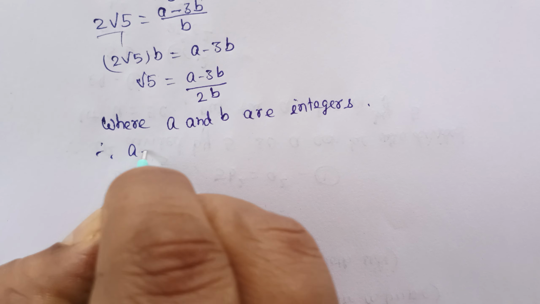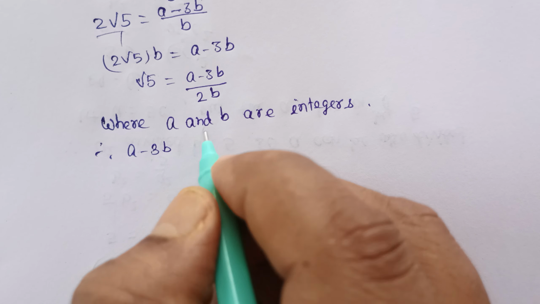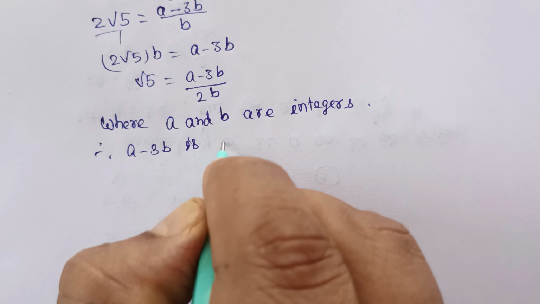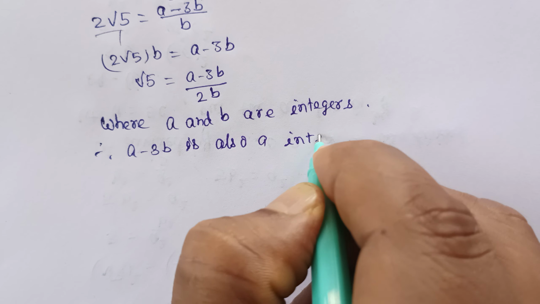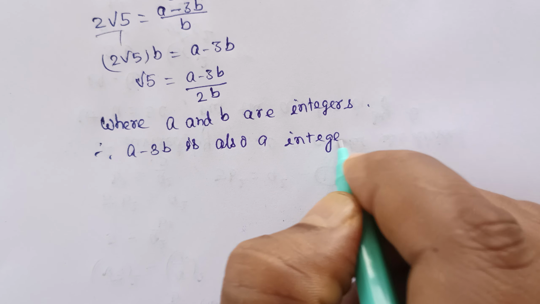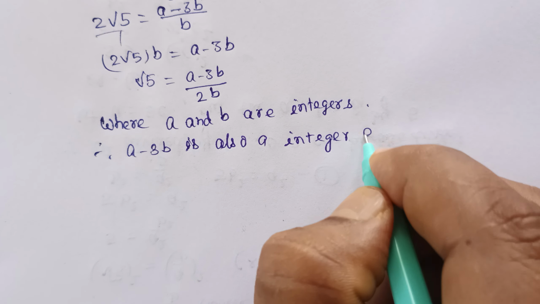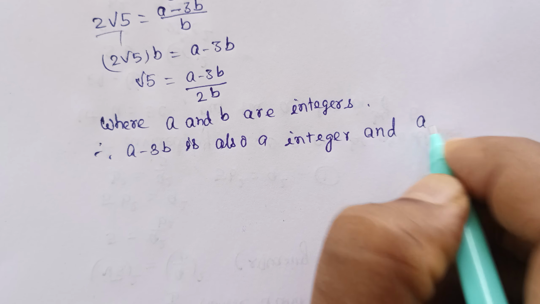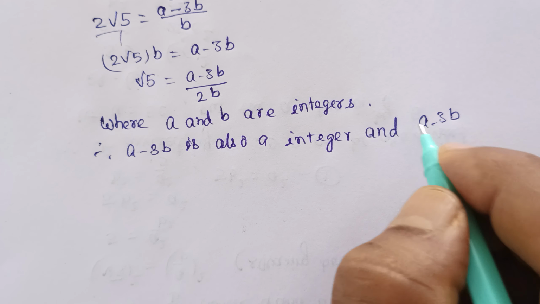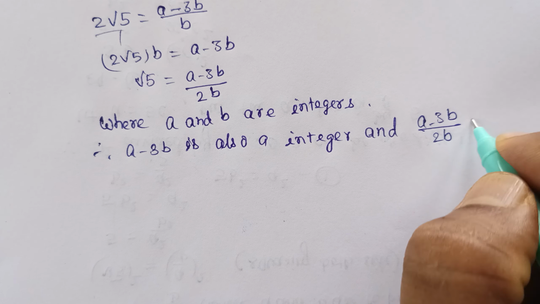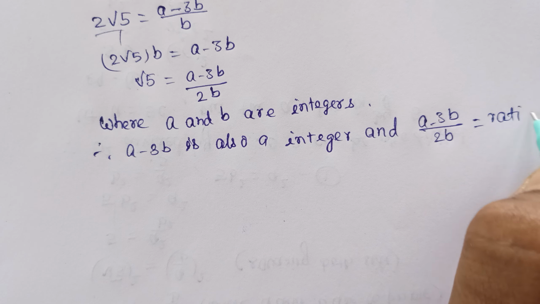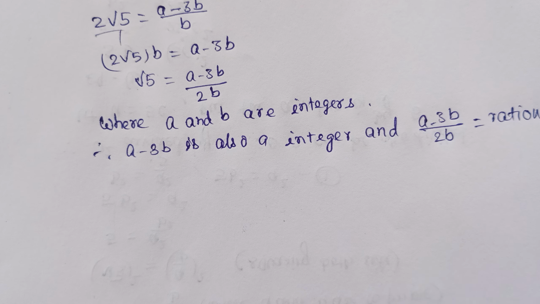Therefore, a minus 3b is also an integer, and a minus 3b by 2b is rational, because we have considered integers, so it is rational.